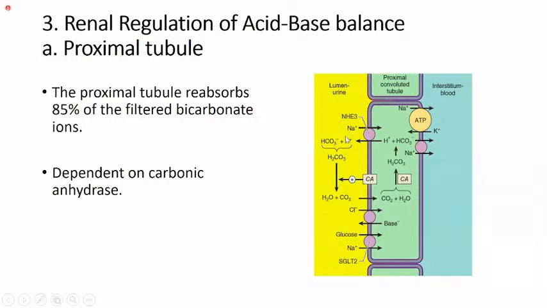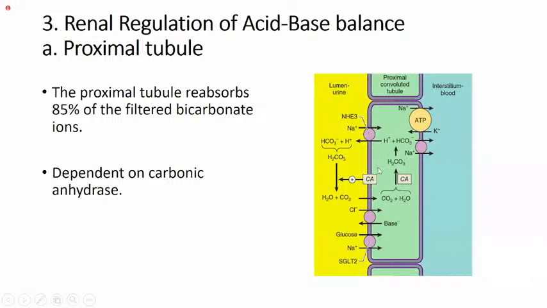Basically, it will combine with a hydrogen ion. It forms your carbonic acid. And under carbonic anhydrase, this is then converted to water and CO2. Now, CO2 is freely permeable through the cell membrane, so it's able to diffuse very freely back into the cell, then combines with water that has been formed from cellular metabolism processes.